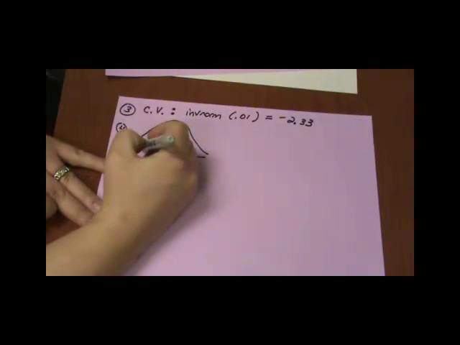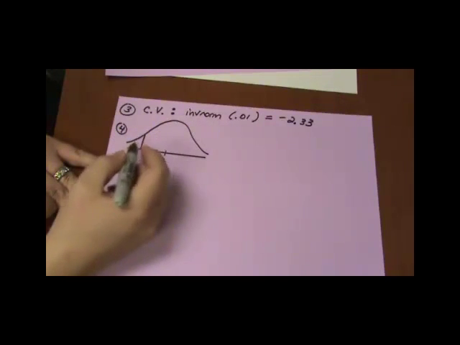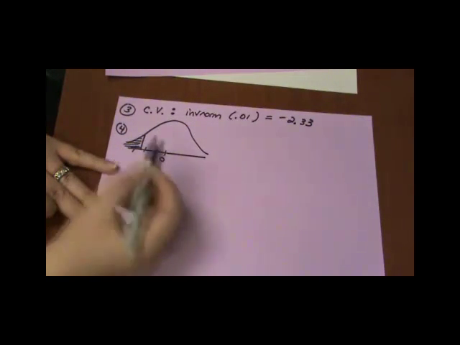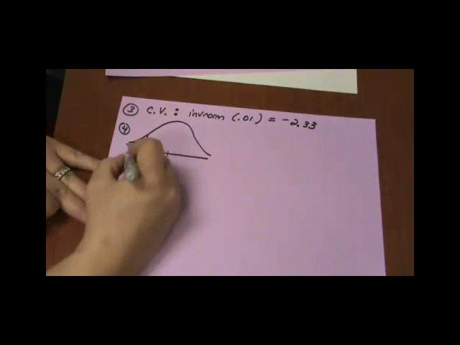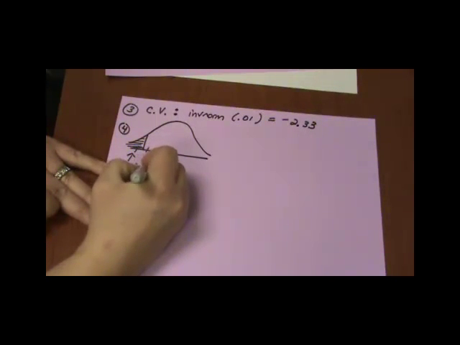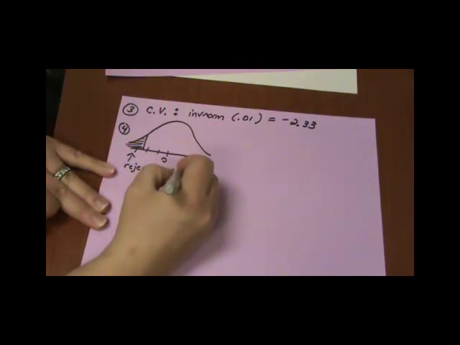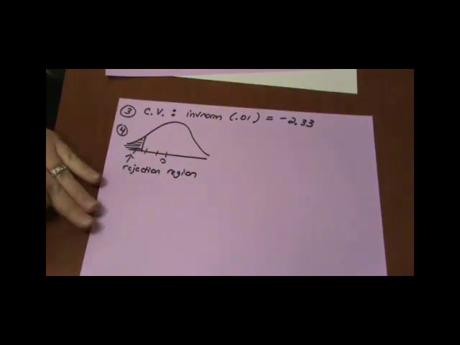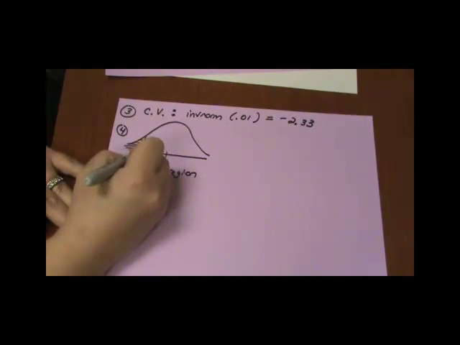So I'm going to say negative 2.33, about right here. This is called a rejection region. So this is negative 2.33.